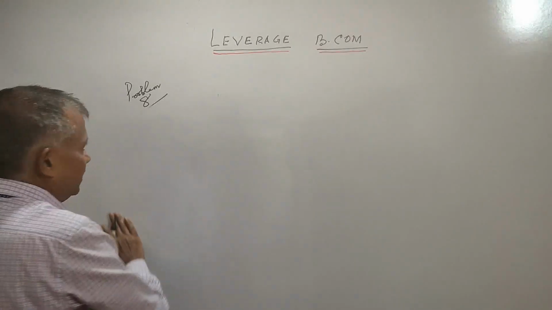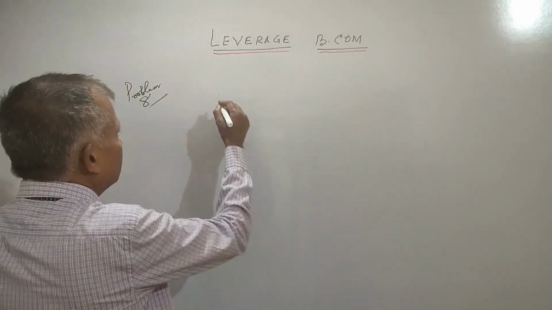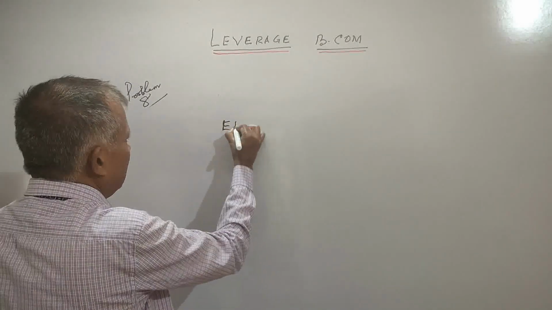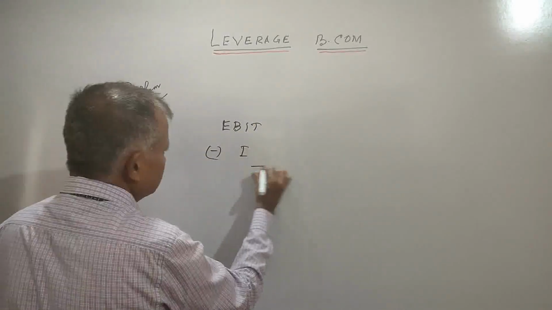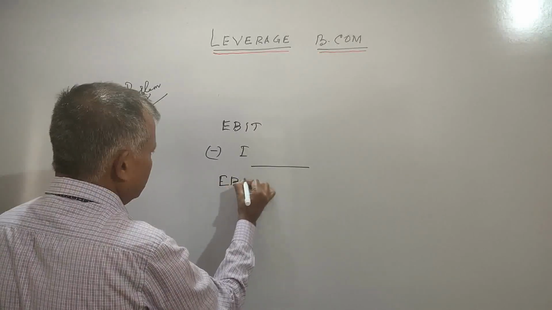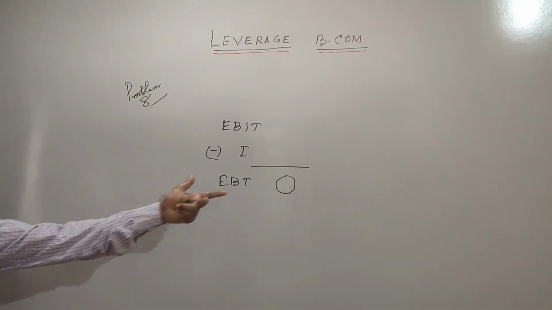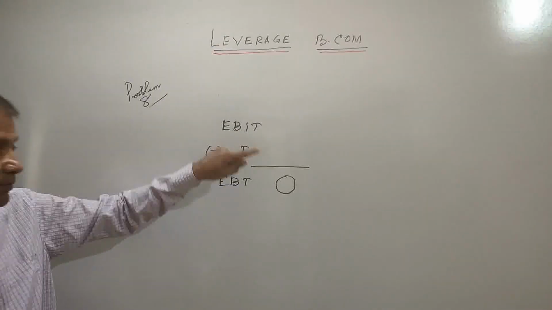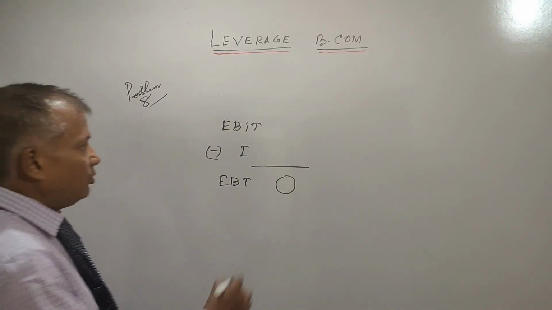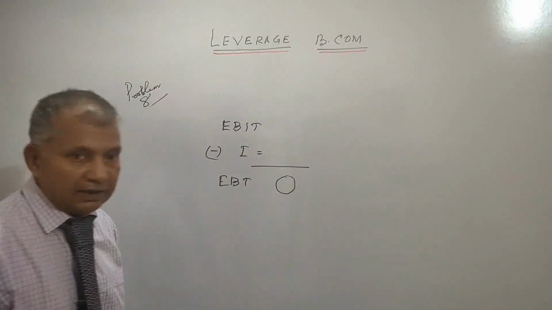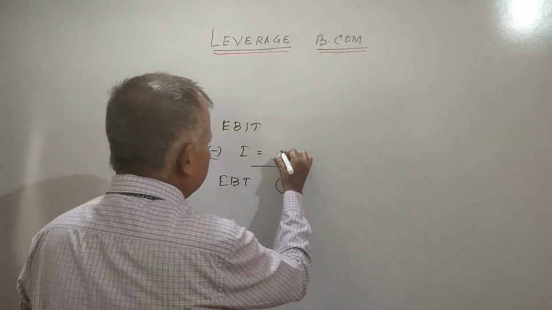If EBT is equal to 0, we all know that EBIT less interest is your EBT. EBT is equal to 0. Let us go backward. And we know the interest figure is 2,55,000.